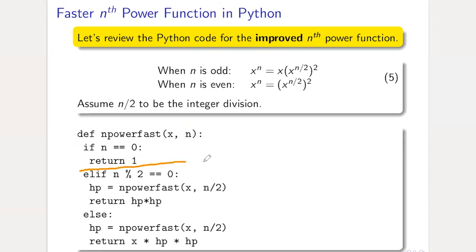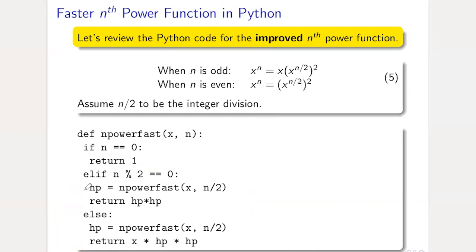Then I have the recursive case. Now the recursive case comes in 2 cases: when n is an even value and when n is an odd value. So here I would divide n by 2 and get the remainder. If the remainder is equal to 0, that means it is the even case, because it got divided by 2 nicely.